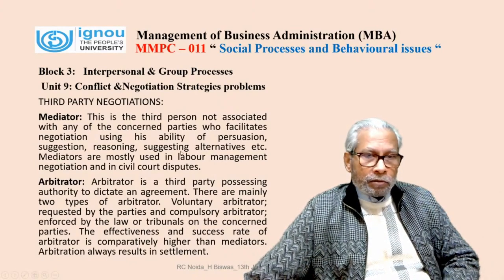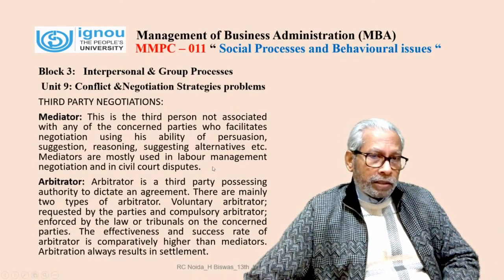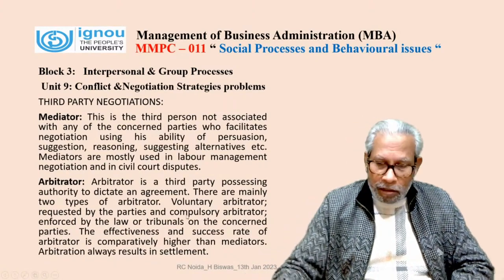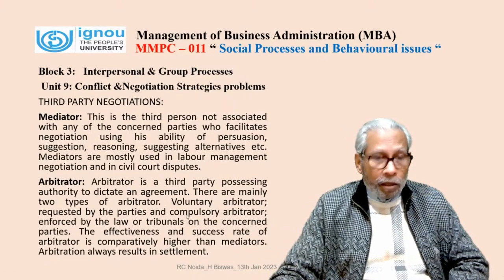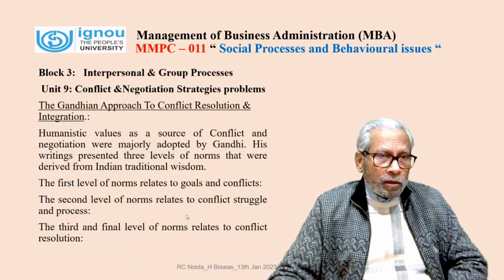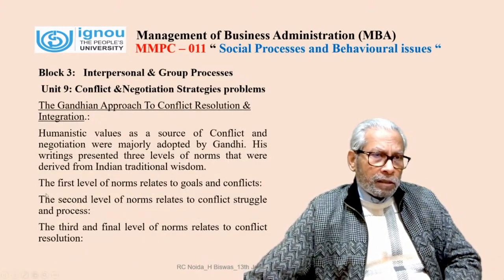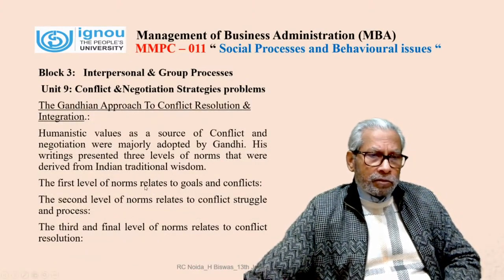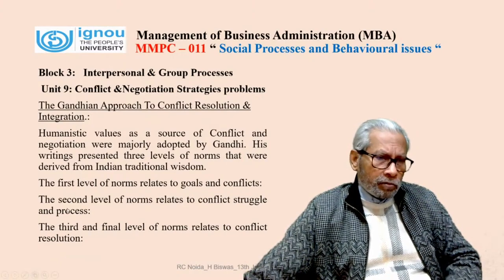In the case of a mediator, they do not come with a settlement. In the case of an arbitrator, a settlement will come. It may be in terms of money, or in terms of some rules and regulations. Some approaches are there too. The first level of norms is related to goals and conflict, calm and quiet.